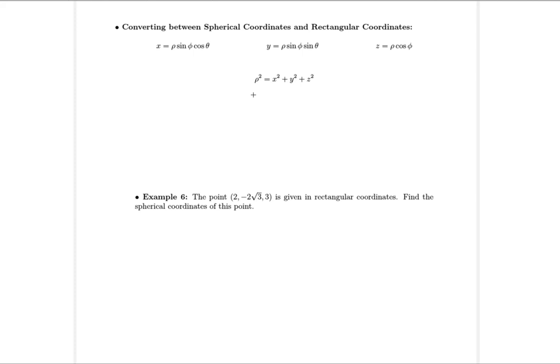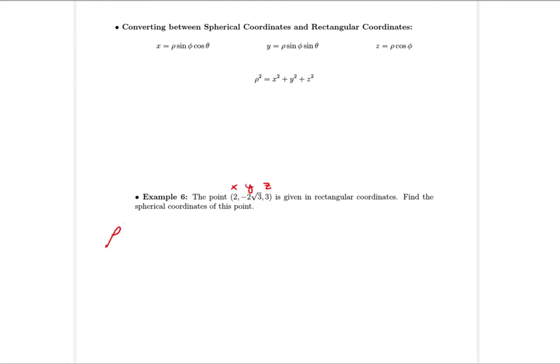All right, so now let's do a conversion that's going to be a little bit faster. We're going to say this point is given in rectangular coordinates, so let's find the spherical coordinates of this point. So x, y, z.